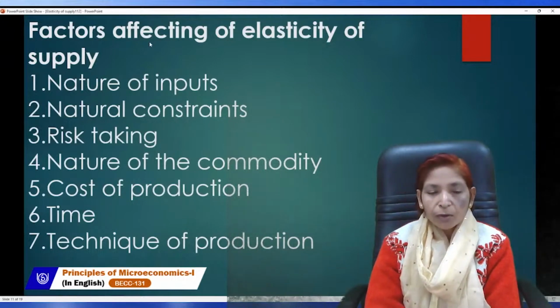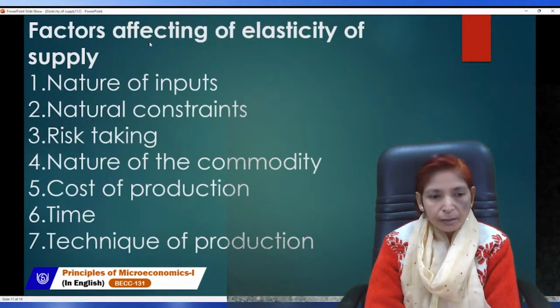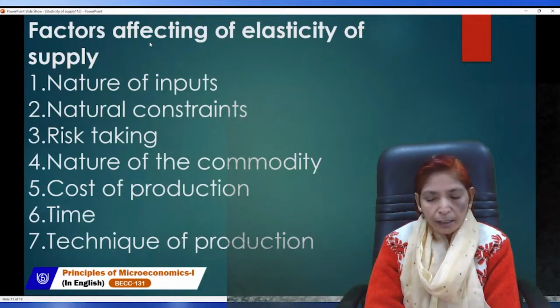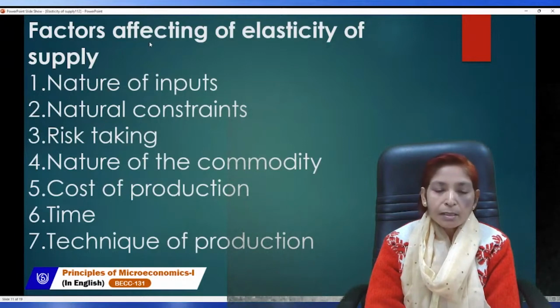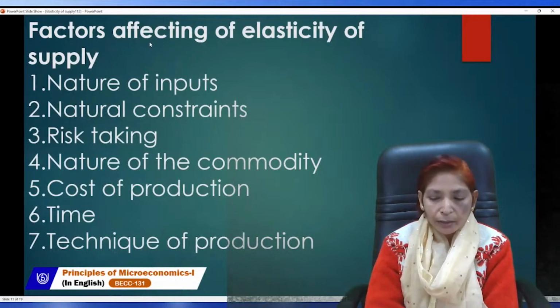In this case, we take only two types of technique. One is simple, the other is complicated. If technique is simple, easy to use, then elasticity of supply will be higher. And if technique is complicated, difficult to use, then elasticity of supply will be lower. So these are the factors affecting elasticity of supply.